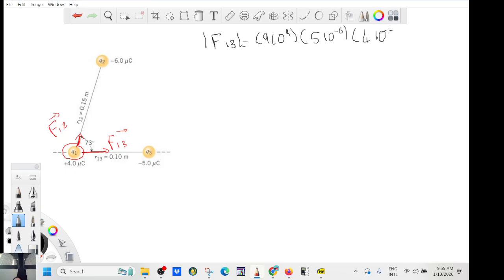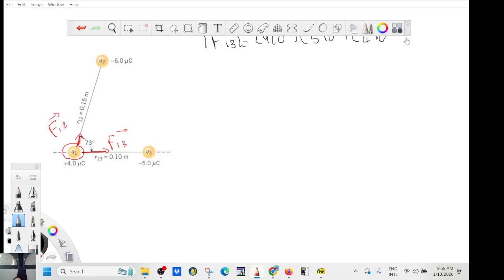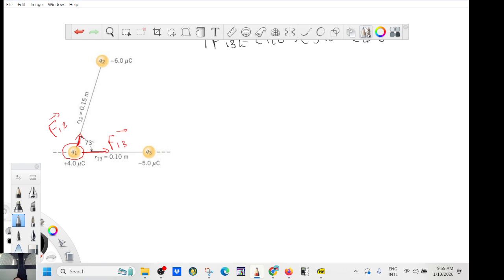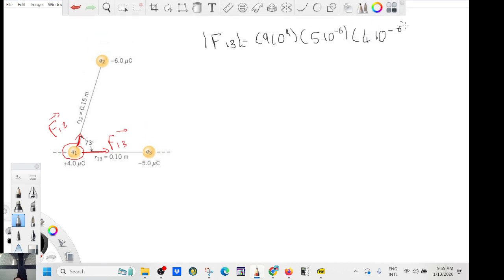E is second comma. Okay, enter, and then you divide, open the parentheses, and then 0.1 squared. Okay, so we take care of the magnitude. Do it as we do it here, so you won't have to do it at home again. The more you do here, the less you have to do at home.